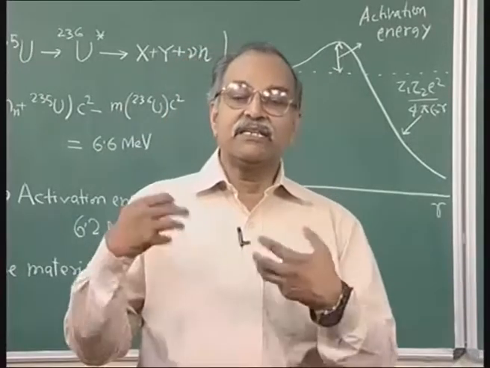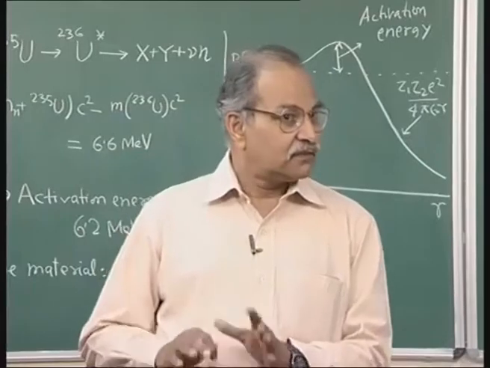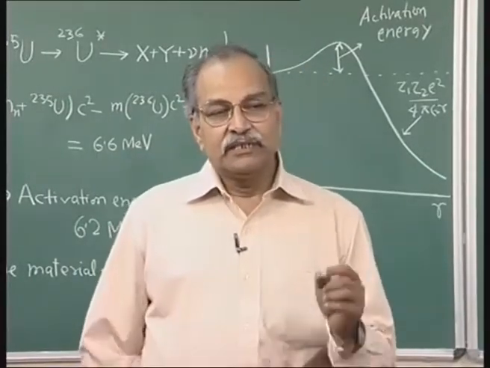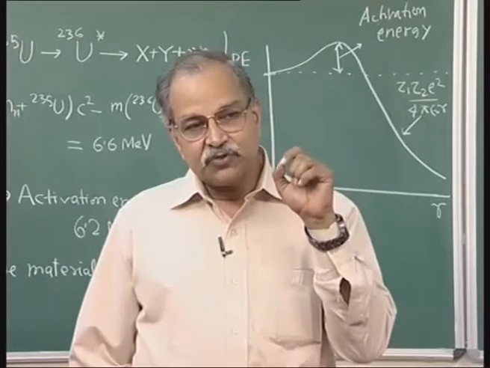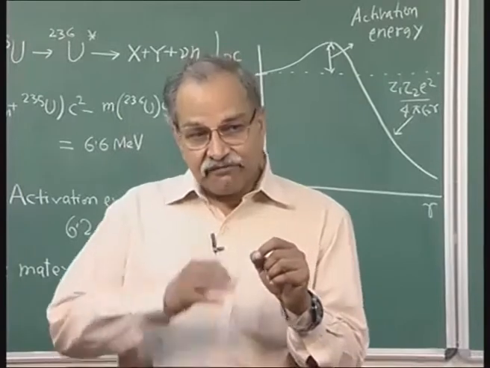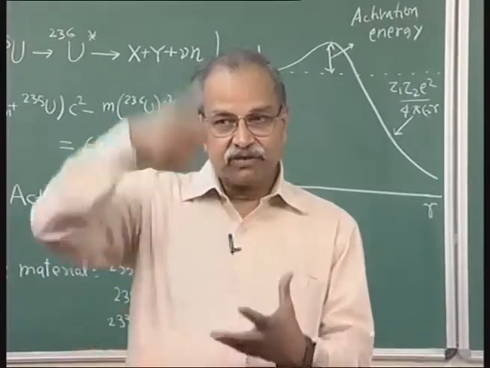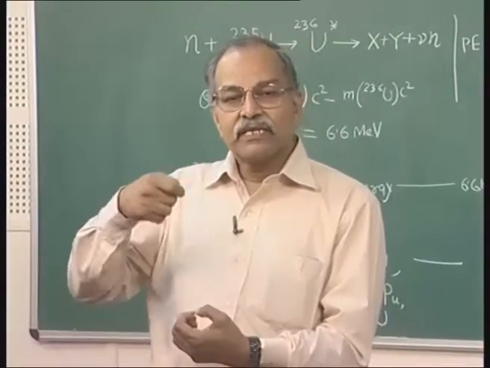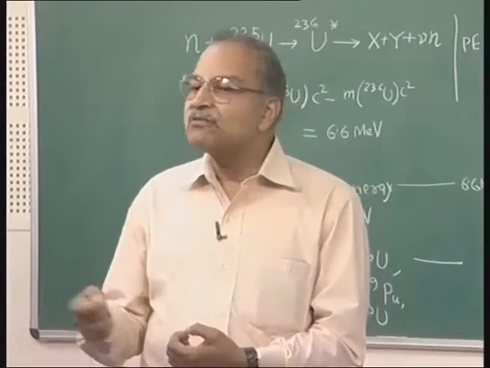Then radiative capture is a very important competing phenomenon. The neutron does get absorbed into the nucleus, but then it does not fission. The extra energy, that higher energy, is lowered by emission of gamma rays.